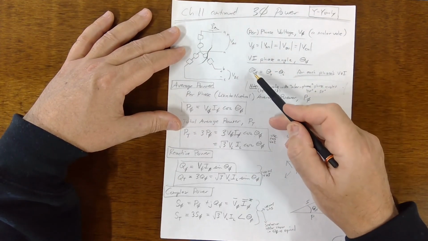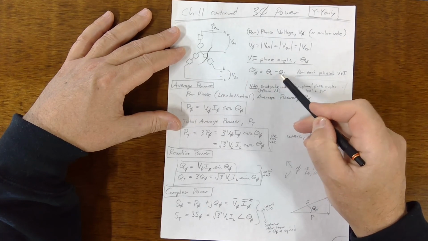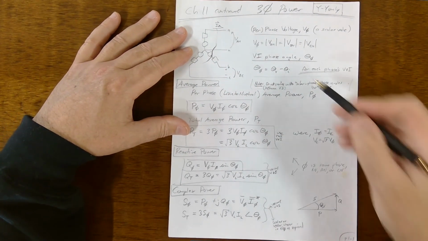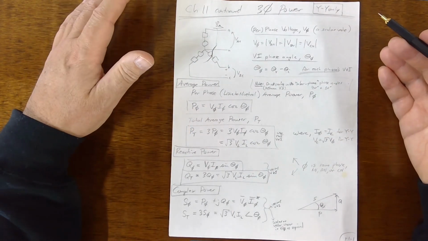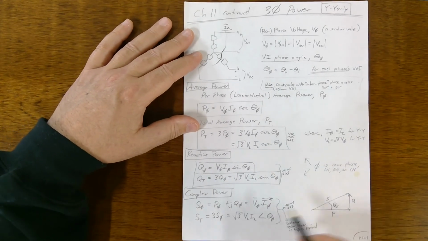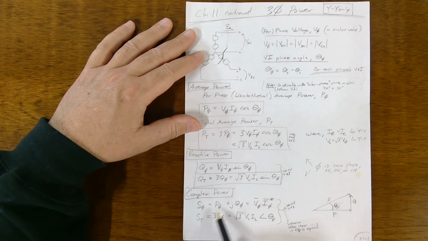This theta phi is theta v minus theta I. It's the phase shift between the voltage and the current. That shows up in the impedance. We saw that in chapter 10, but it also shows up in the power here. So here it is. If you looked at it in rectangular form, it would just be the average power magnitude for that phase plus the reactive power magnitude for that phase times j.